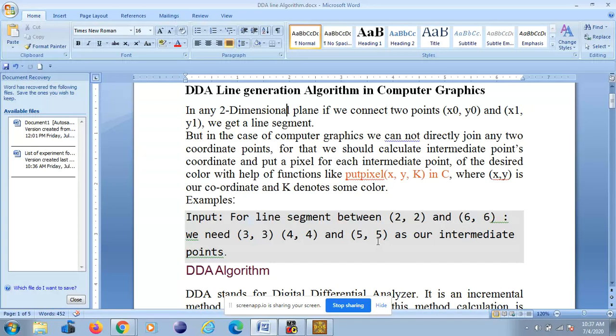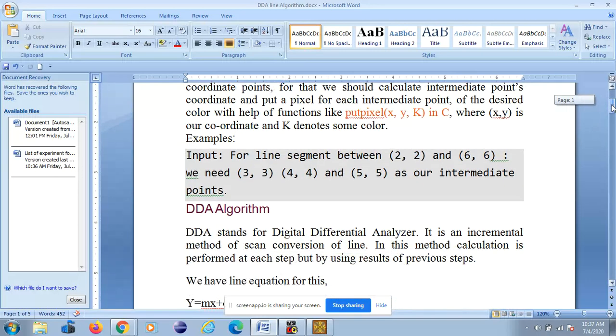Now, one of the algorithms is the DDA algorithm, which stands for digital differential analyzer. It is a scan conversion line algorithm, and it is used for line drawing. This algorithm is based on calculating the intermediate points between the x coordinate and y coordinate, and it is an incremental method of scan conversion.